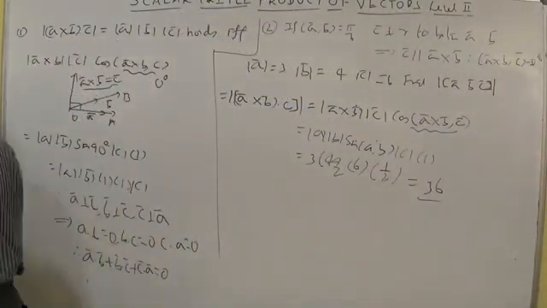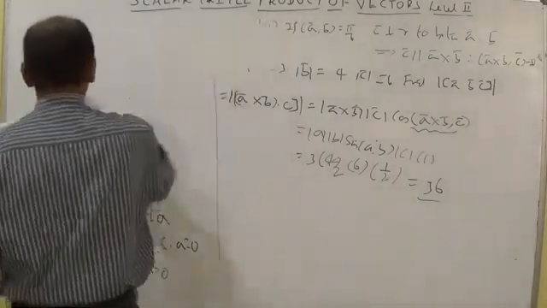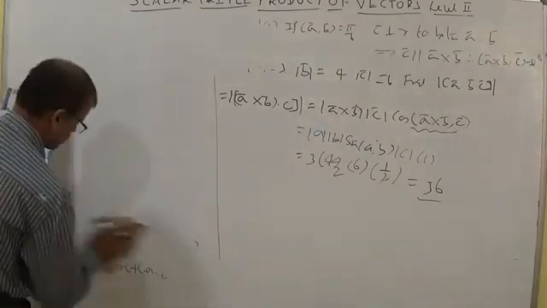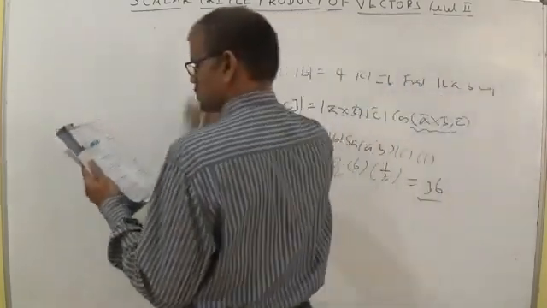A, B, C are non-zero and non-null vectors, and R bar is any vector in the space.